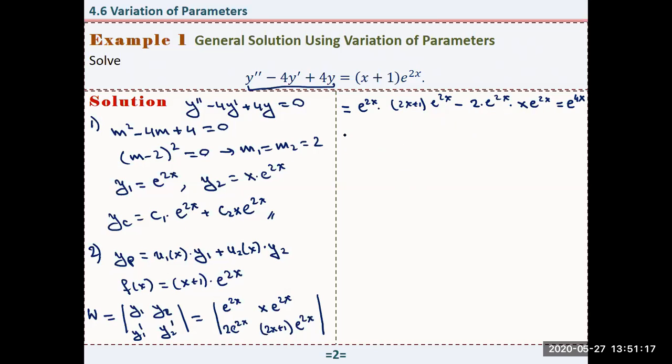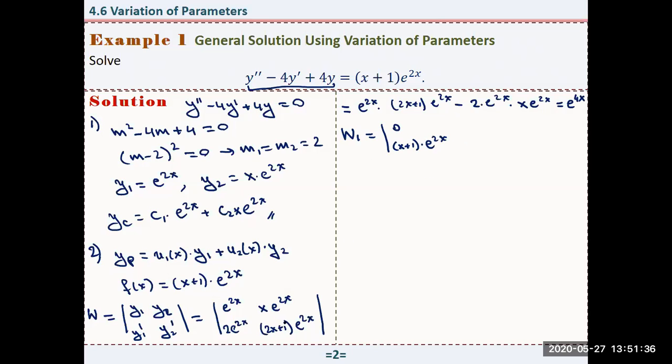So now we need to find capital W sub 1, right? The first column of this determinant should be replaced by 0 and f. What is f? That is x plus 1 times e to the power 2x.